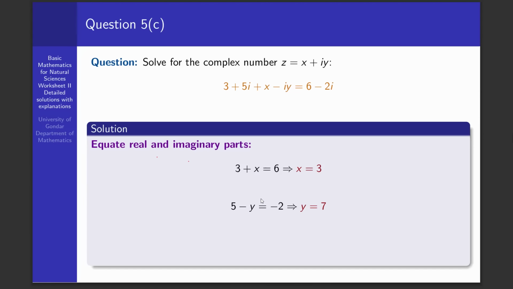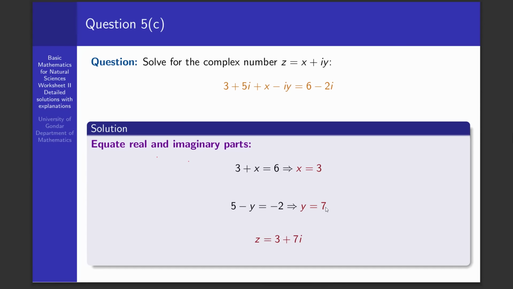Similarly, from the imaginary parts, we have 5 minus y is equal to minus 2. Therefore, taking this one to the other side and taking minus y to the left, we have y is equal to 7.